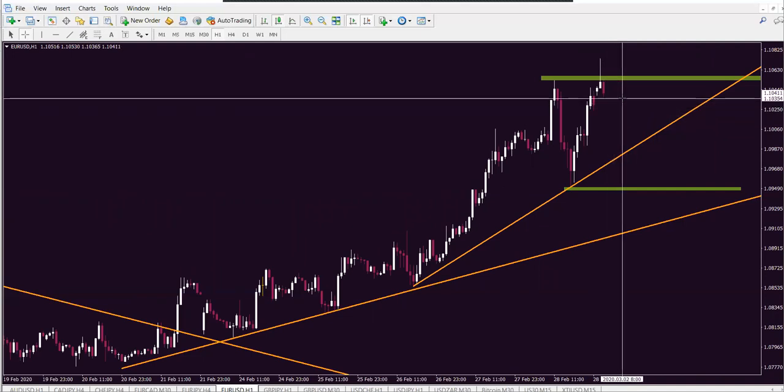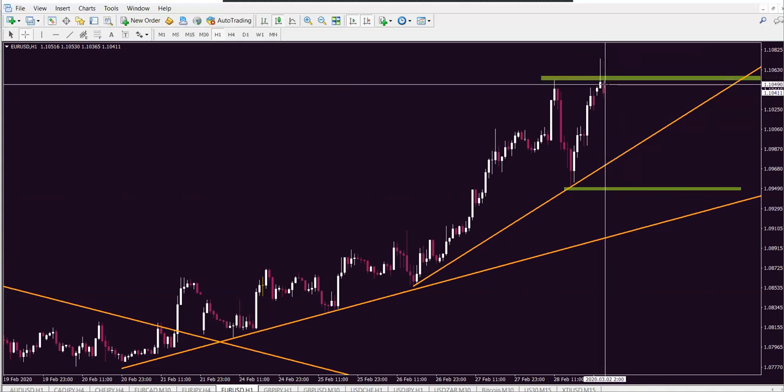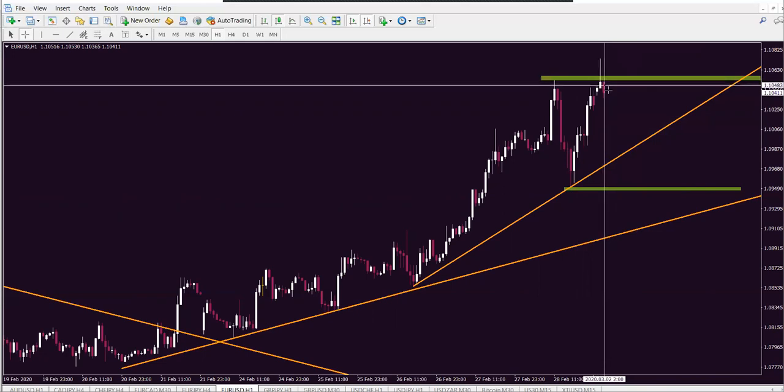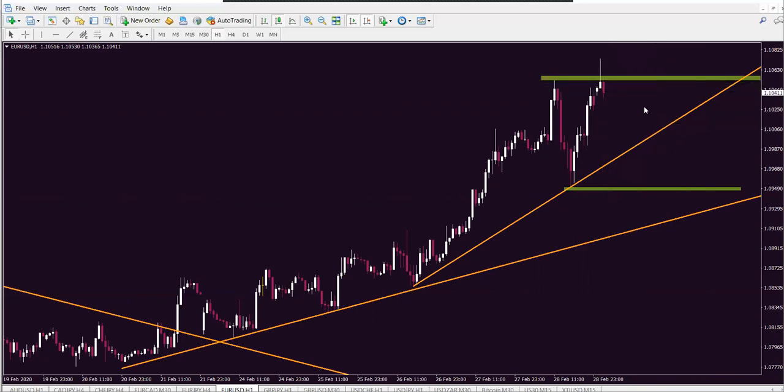But for new traders especially, holding on to trades, because in this case price could easily find support right here and then make a higher high.